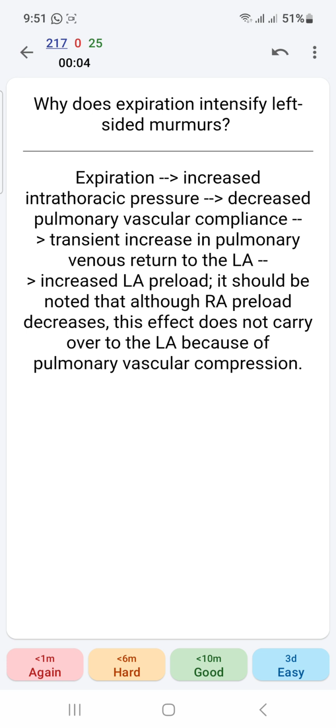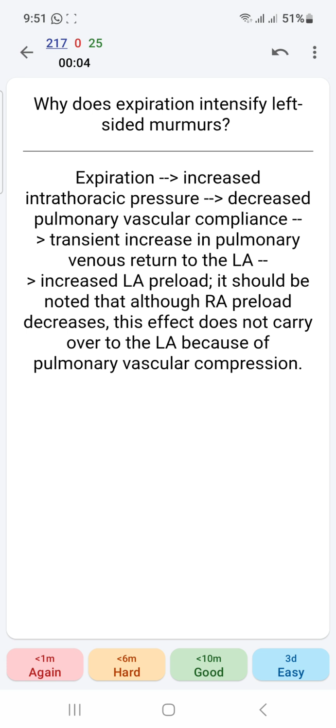Decreased pulmonary vascular compliance means there would be a transient increase in pulmonary venous return to the left atrium, so increased left atrium preload. It should be noted that although right atrium preload decreases, this effect does not carry over to the left atrium because of the pulmonary vascular compression.